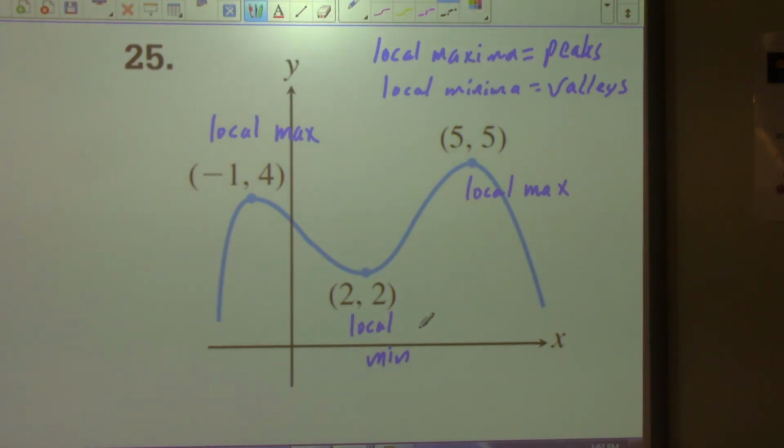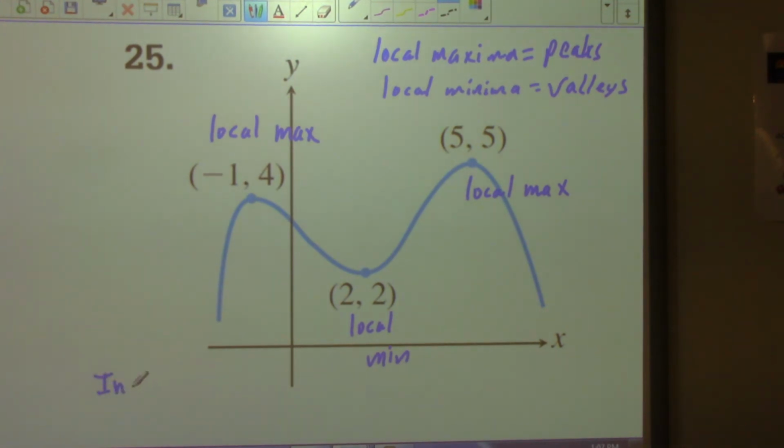Now, next it says identify intervals over which the function is increasing and decreasing. So we say, I'm going to abbreviate a little bit. This is one thing you're going to get used to the rest of precalculus and calculus.